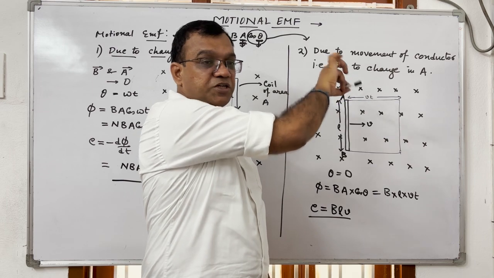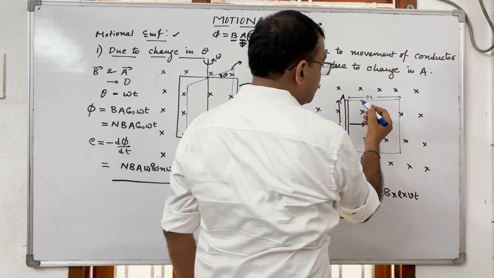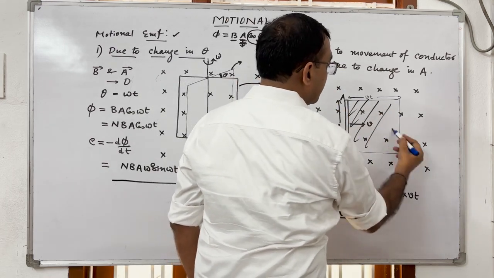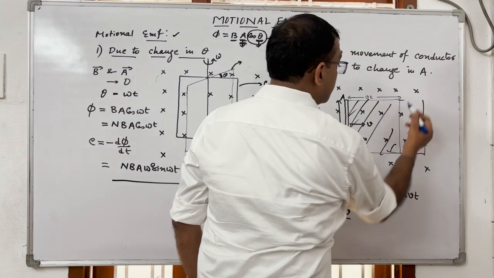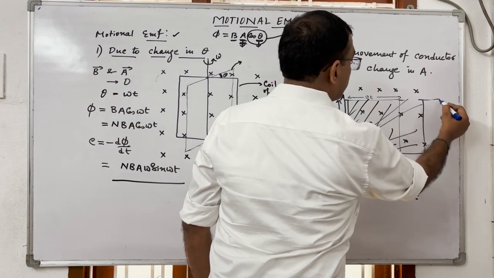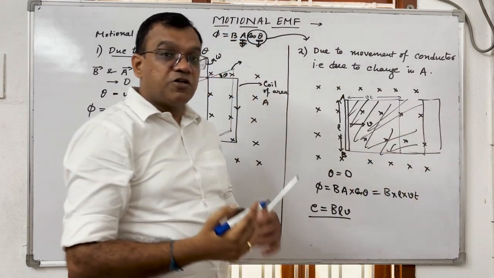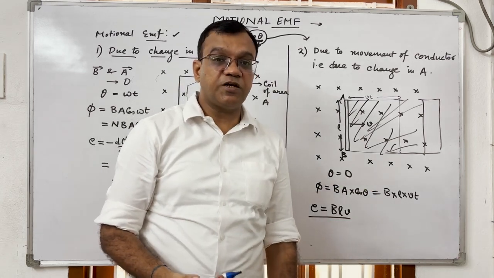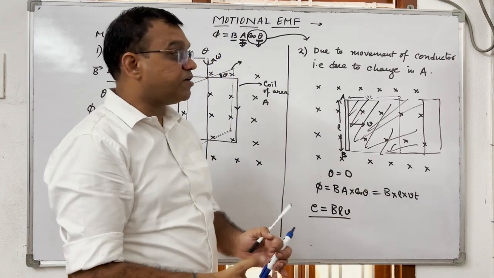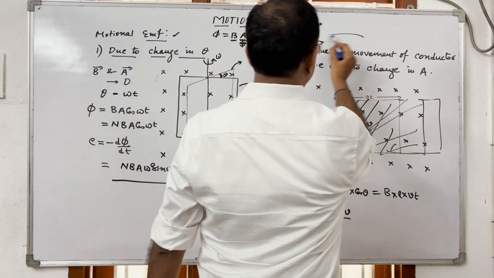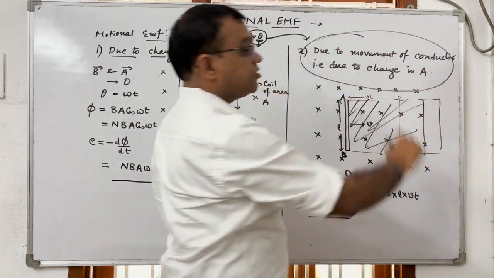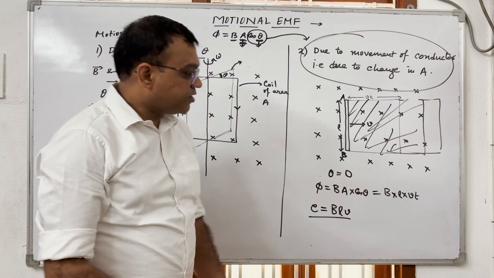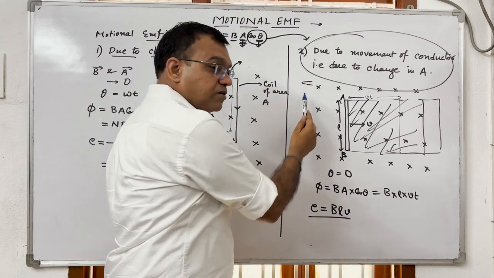Here area is changing, because at time t1 this will be the area, at time t2 this area will be added, at time t3 this will be the area. So area is changing, and because of that EMF is induced here. This is also motional EMF, and in the default case motional EMF means this only. Now let us continue this particular part in detail.